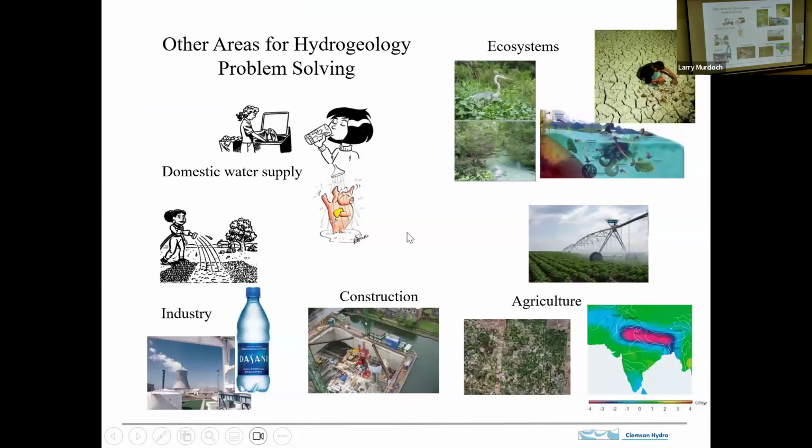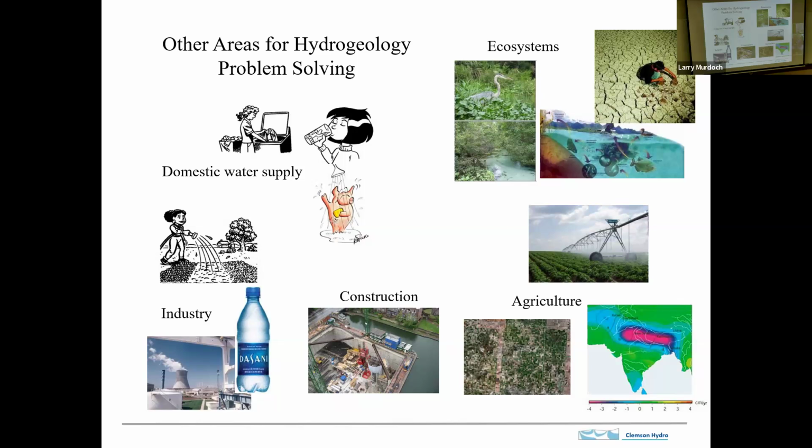Okay, so in addition to understanding groundwater contaminant plumes, there are a variety of other areas where hydrology is going to be important. So one of them is just domestic water supply. This is providing water to people's houses. And I don't know, does anybody here have a well that provides water at home?